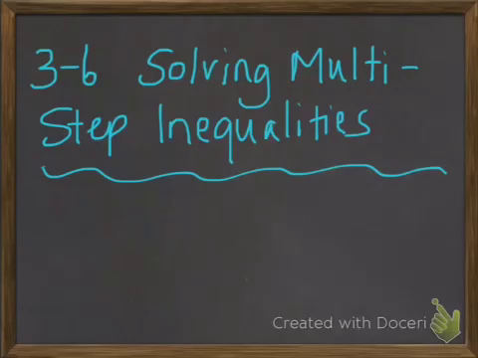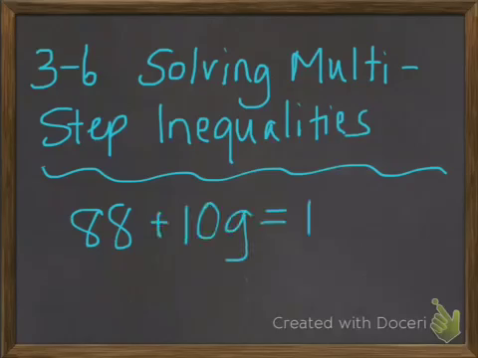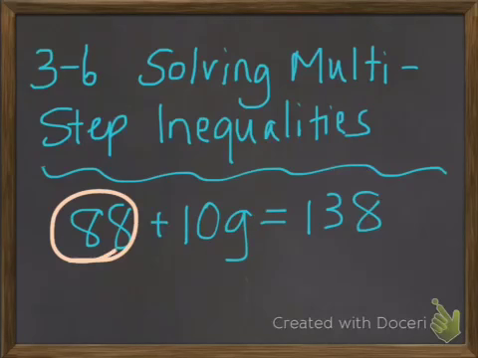What I want to relate to your previous knowledge, whenever we were solving multi-step equations, let's say I had 88 plus 10g equals 138. If we were solving this equation, we would first subtract 88 from both sides.